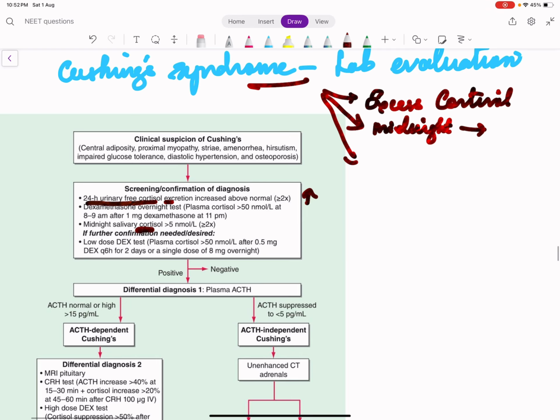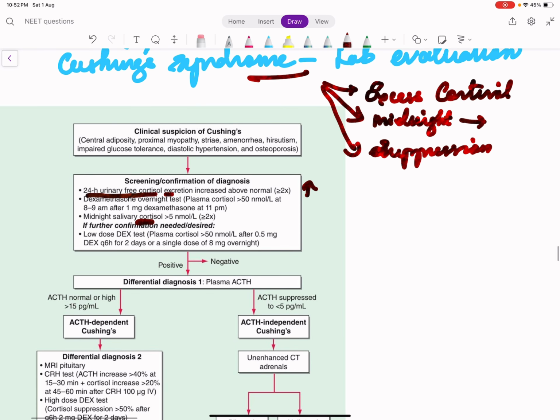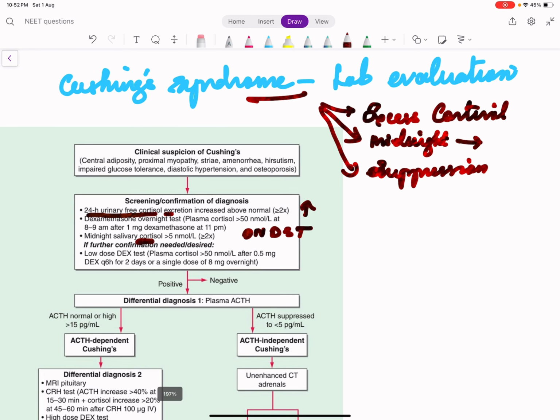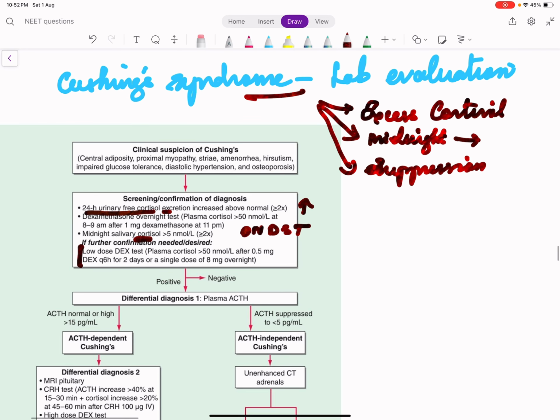Now how will you confirm it? By doing a suppression test. We give exogenous steroid to suppress ACTH and see what happens to the endogenous steroid level. That is called the overnight dexamethasone suppression test, ONDST. An even better method to confirm Cushing's is the low dose dexamethasone suppression test.